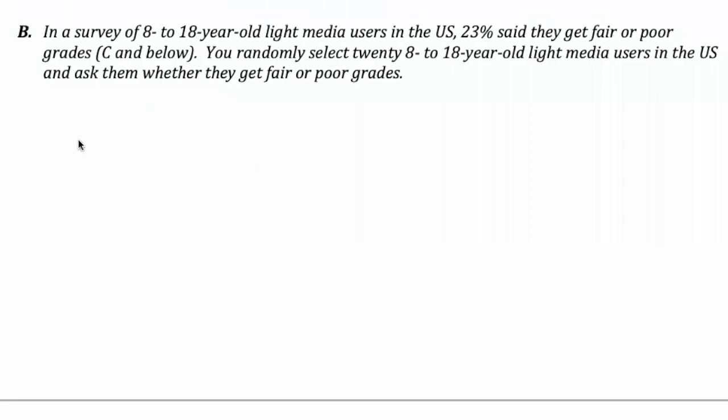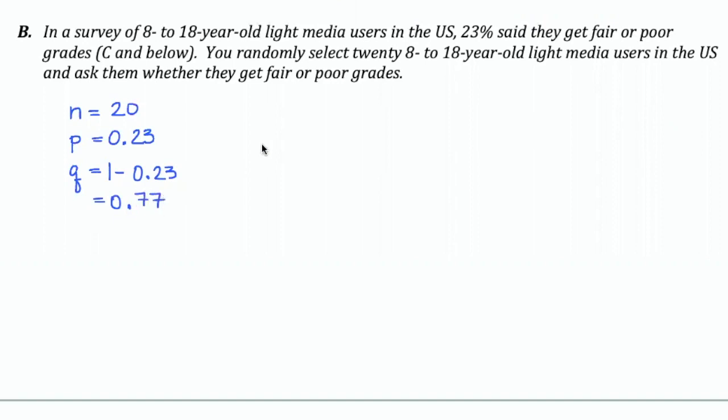We would begin the same way by identifying our n, p, and q. We're randomly selecting 20 people this time. The probability that they answer yes, they do get poor grades, is 0.23, 23%. q is 1 minus 0.23, or in other words, 0.77.